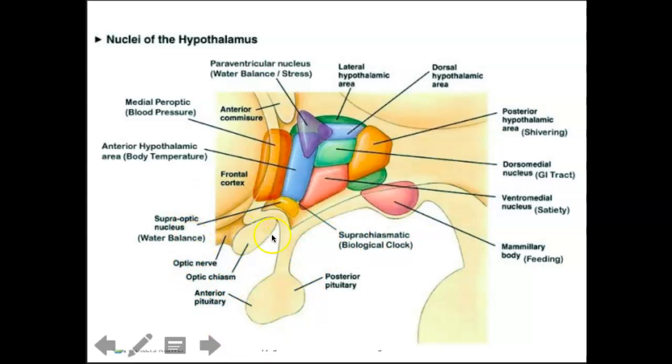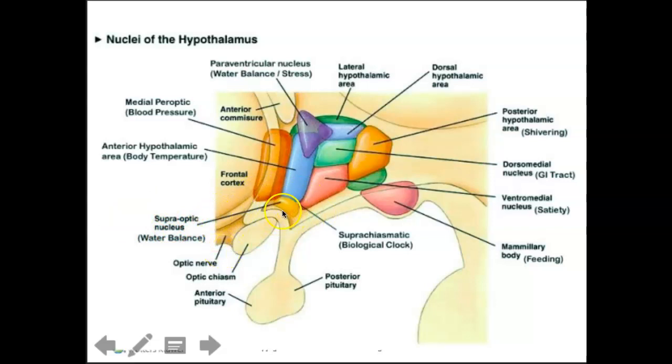Now I want to point out to you the location of the optic chiasm, which I think you're aware of. And right directly above the optic chiasm is something called the supraoptic nucleus here, okay? Some of the nuclei in the hypothalamus are named because of their location.